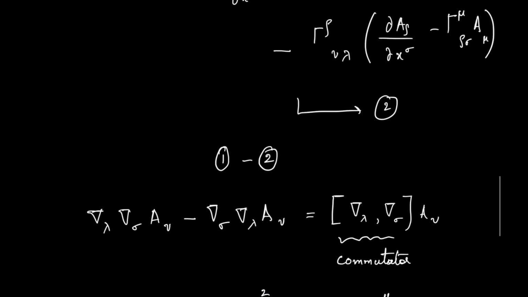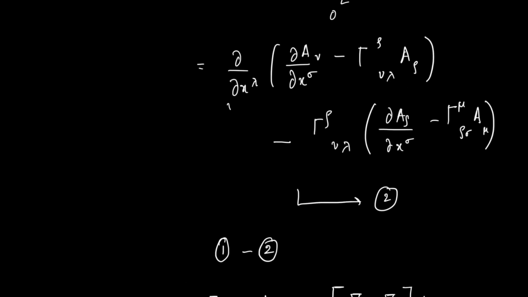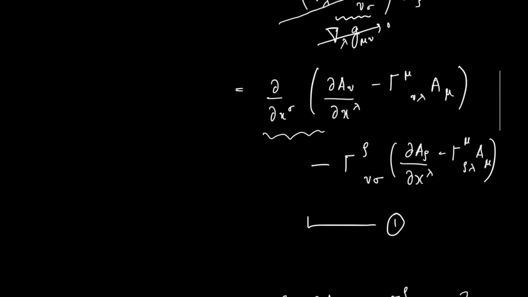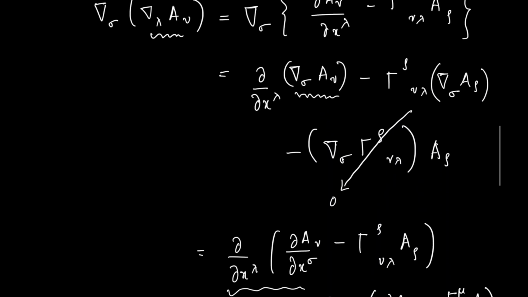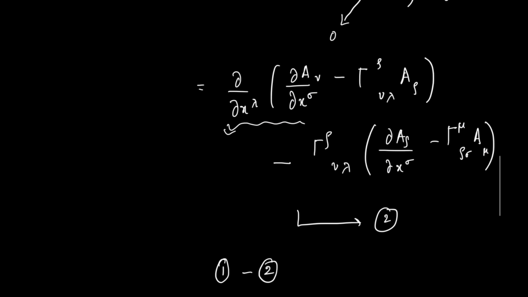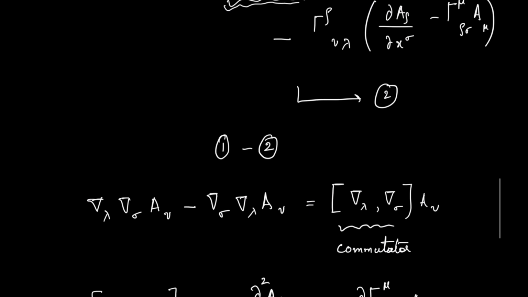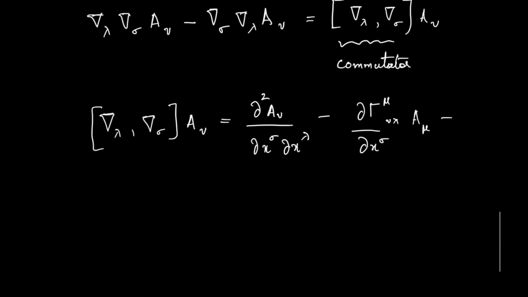I'm just doing this right hand side, okay, this one. I'm opening and then subtracting. So here there is a second derivative. Similarly, here also there is a second derivative. I'm opening up all the brackets and then subtracting the right hand side.